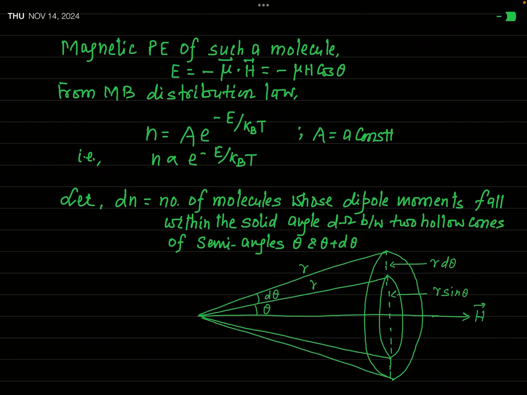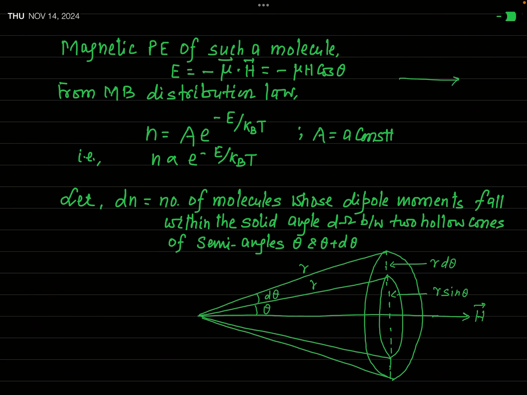Now, when a magnetic dipole is placed in a magnetic field, then due to the interaction between the magnetic field and the dipole, an interaction energy is developed in the dipole.